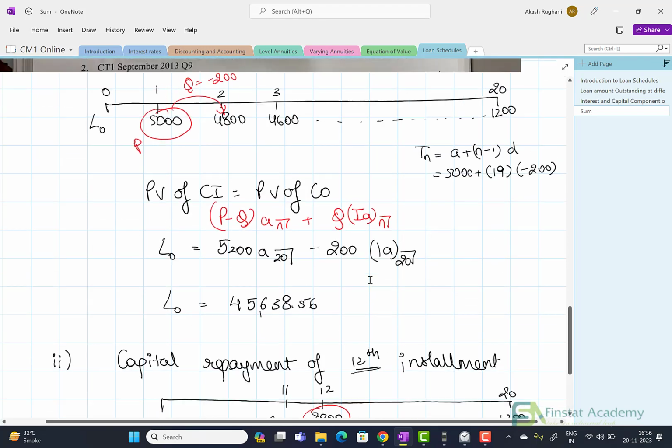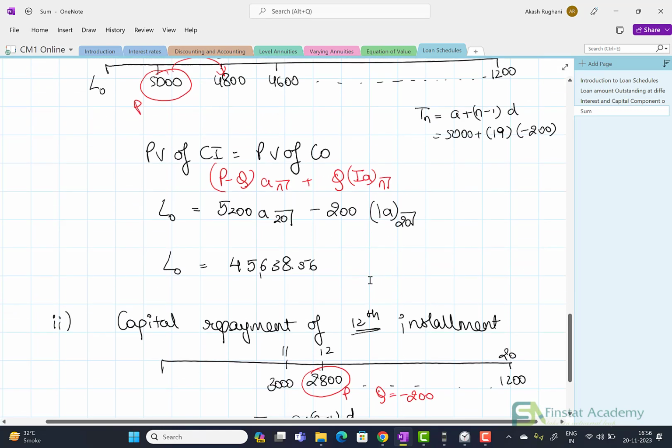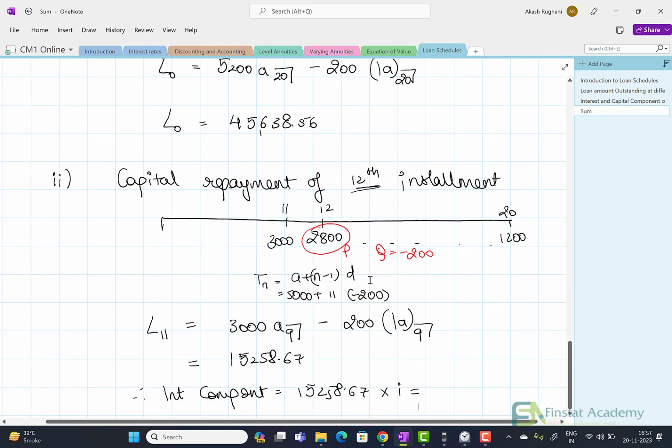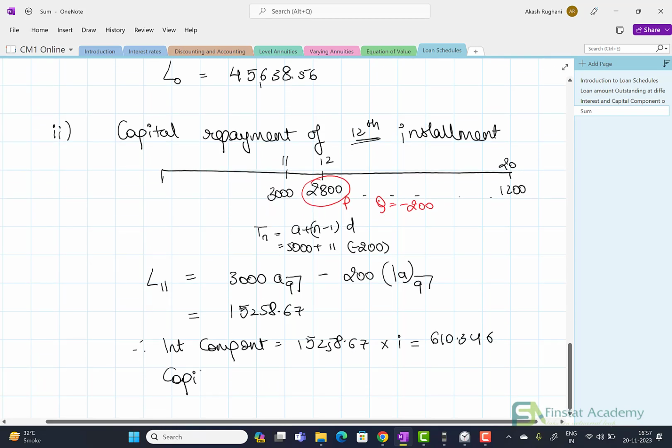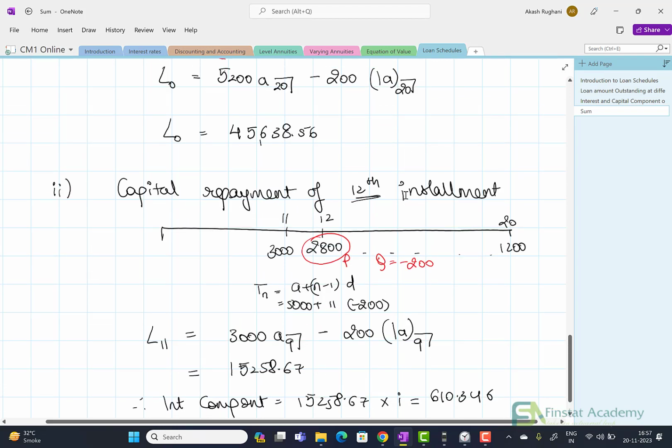I for us is 4%, which is 610.346. And the capital component will be the balancing figure of the 12th installment. So it will be 2,800 minus 610.346, which will be equal to 2,189.65.